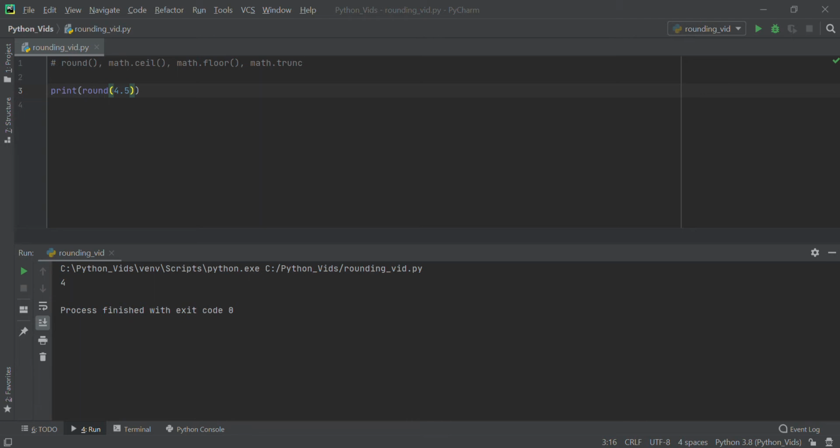But when your computer is told to round 3.5, you could think of it as asking, hey, is this closer to 4 or to 2? Well, it's closer to 4, of course, and so it gives you a 4. But when your computer is told to round 4.5, you can think of it as asking, is this closer to 4 or to 6? And then it gives you 4 again.